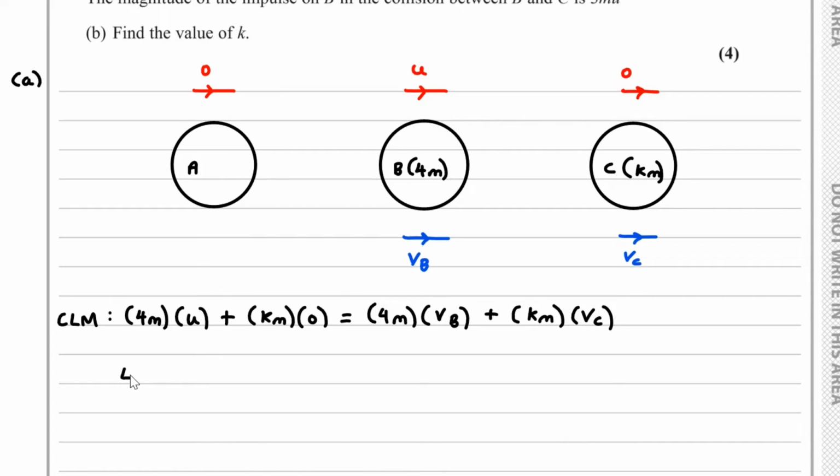So we have over here 4mu equals 4m vB plus km vC. The m's cancel, and therefore we're left with 4u equals 4vB plus k vC. We'll call this equation 1.